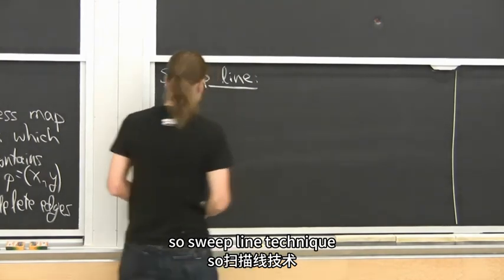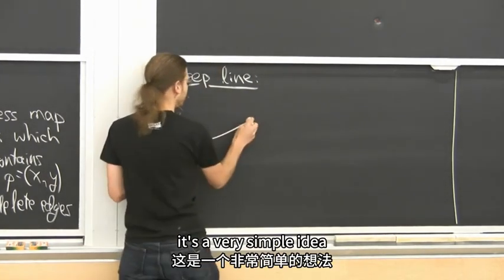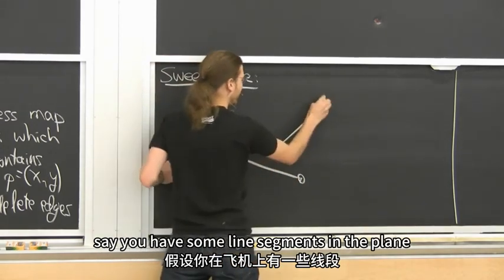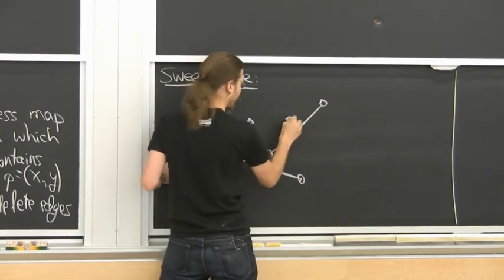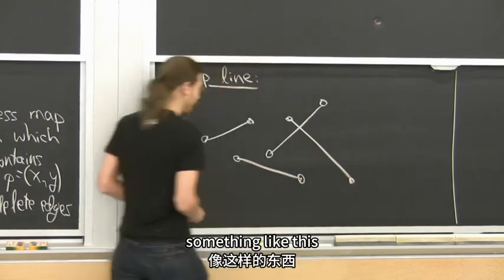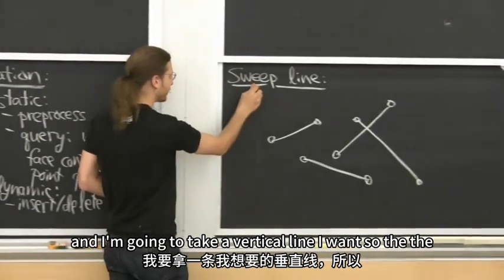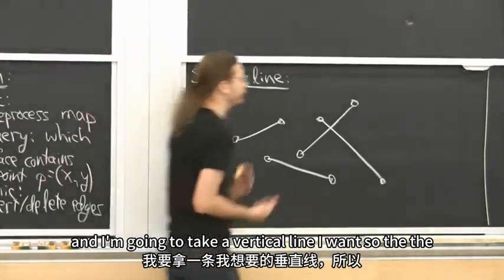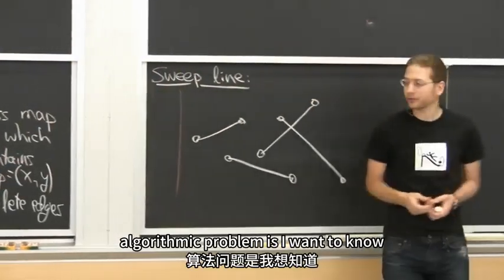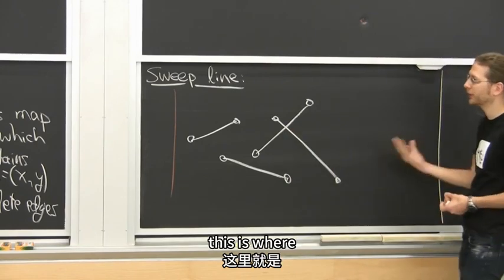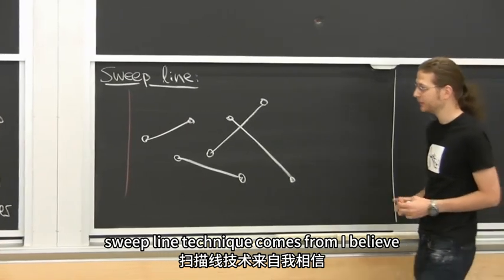So, sweep line technique. It's a very simple idea. Say you have some line segments in the plane, something like this. And I'm going to take a vertical line. So the algorithmic problem is I want to know, are there any crossings? Do any of these segments cross? This is where the sweep line technique comes from, I believe.